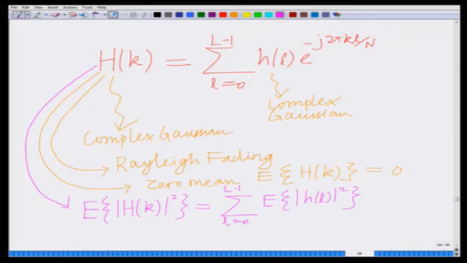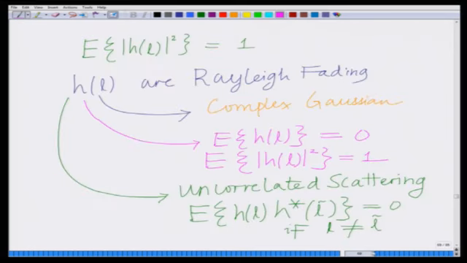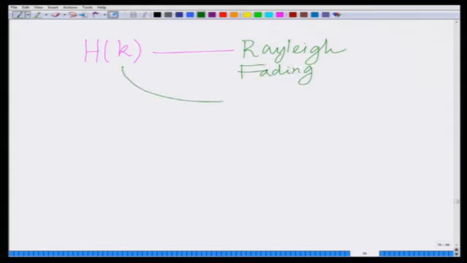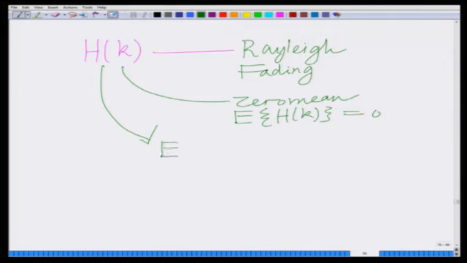So, this is the summation over l equal to 0 to L minus 1 of 1, which is therefore equal to capital L. So, what we have at the end is that each capital H k is in turn a Rayleigh fading coefficient with zero mean, that is, the expected value of H of k equal to 0, and average power, the expected value of magnitude H k square, equal to L. So, each capital H k, that is, the kth FFT point of the zero padded channel coefficients h0, h1, up to h L minus 1, is zero mean.